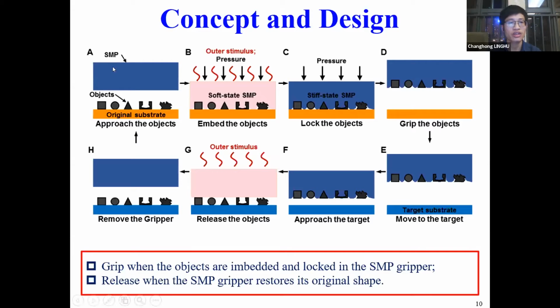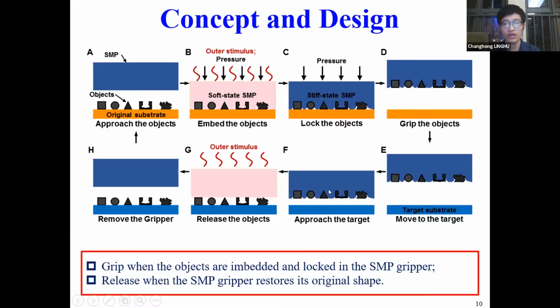The gripper is a simple shape memory polymer block, and the SMP can be actuated into a soft state by an outer stimulus, and we can embed the target object into the SMP gripper. The SMP becomes stiff upon removal of the outer stimulus, and it can keep the deformed shape and lock the object to grip it.